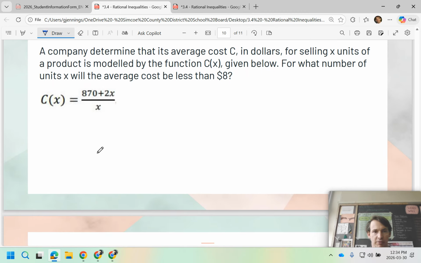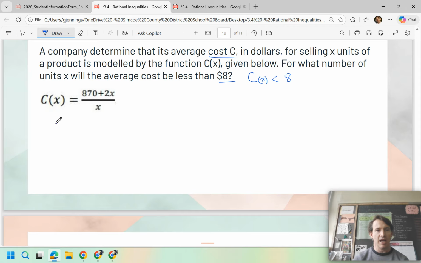So one last example. If we have x units, then our cost is given by this funky function here. So we want to know what production will keep C of x less than $8. Not less than or equal to, but less than $8.